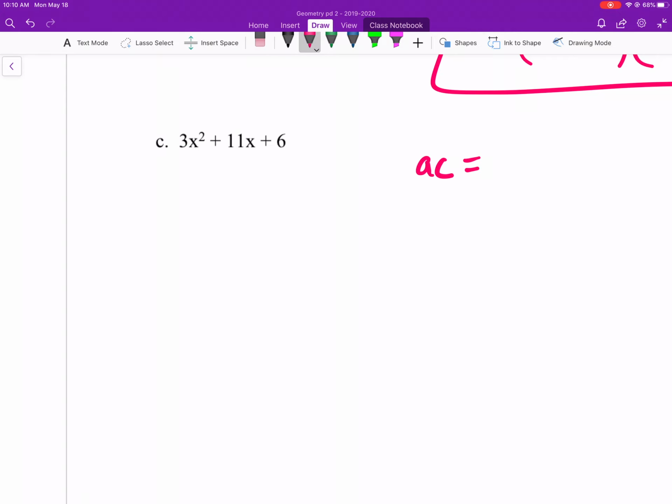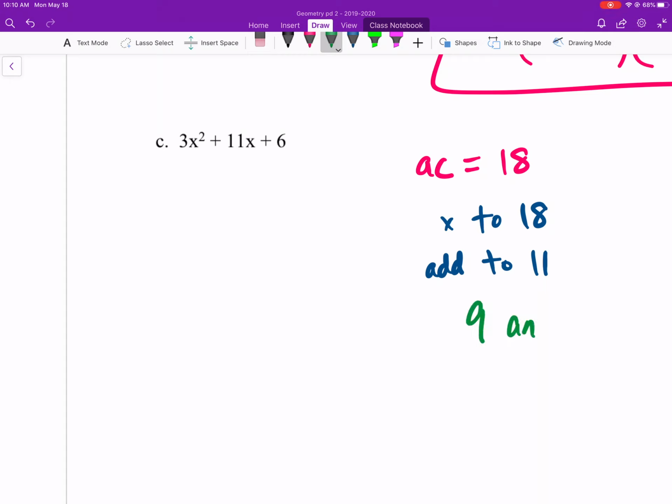And what that means is we start by multiplying A times C, 3 times 6, which is 18. And now we need to know what are the two integers that multiply to 18 and add to the B term, which is the number in front of x, which is 11. So what multiplies to 18 and adds to 11?